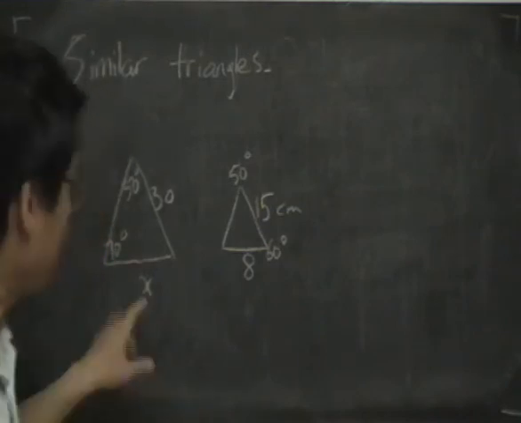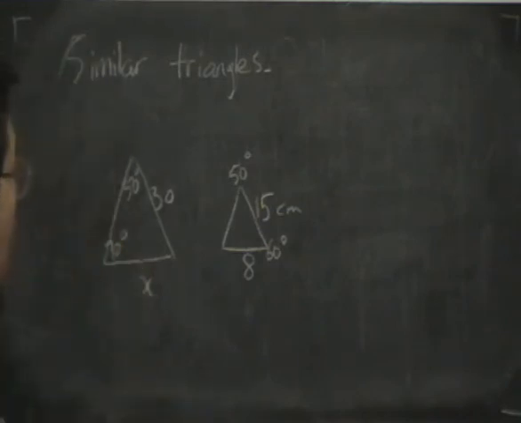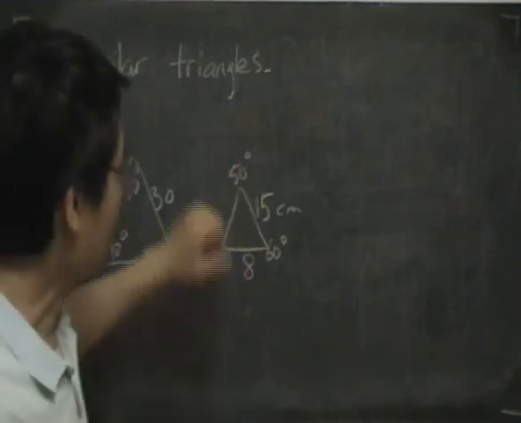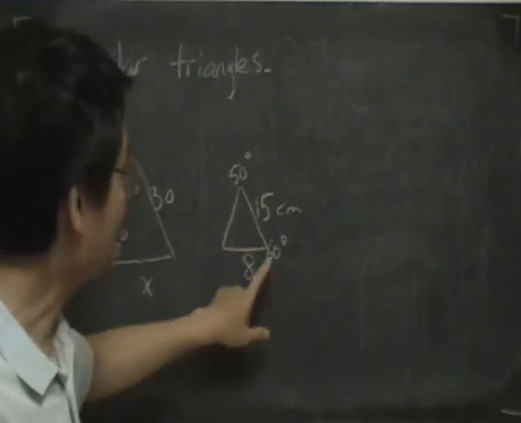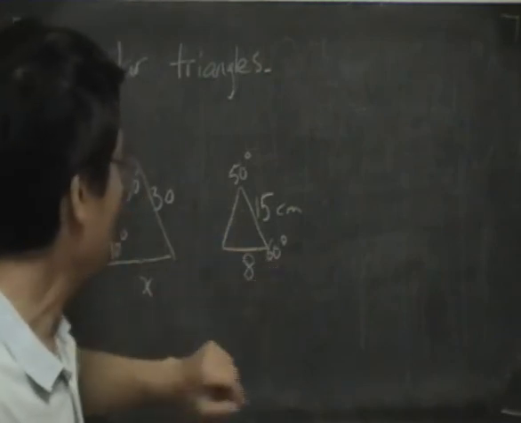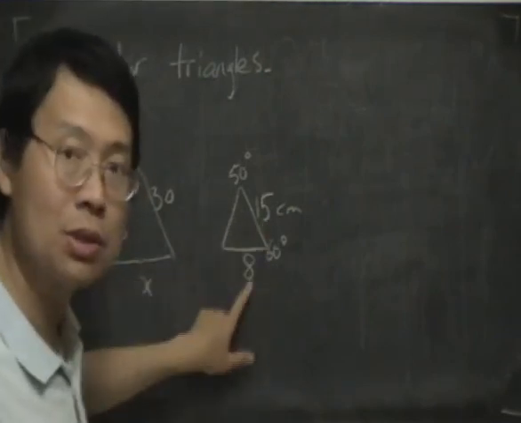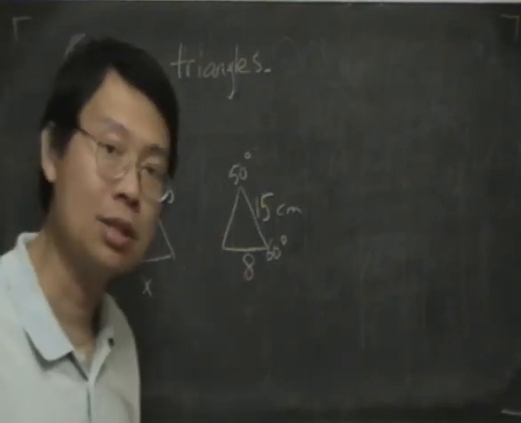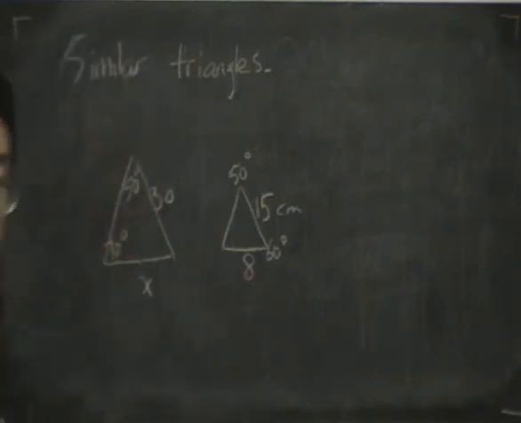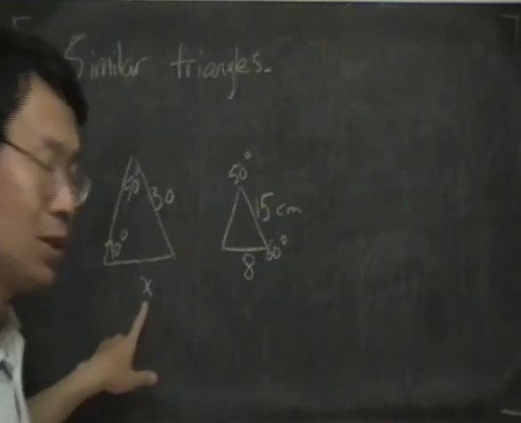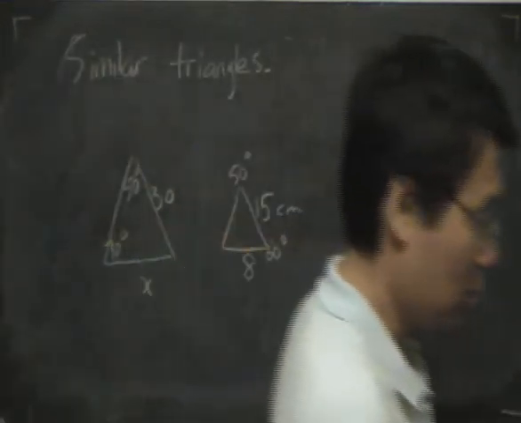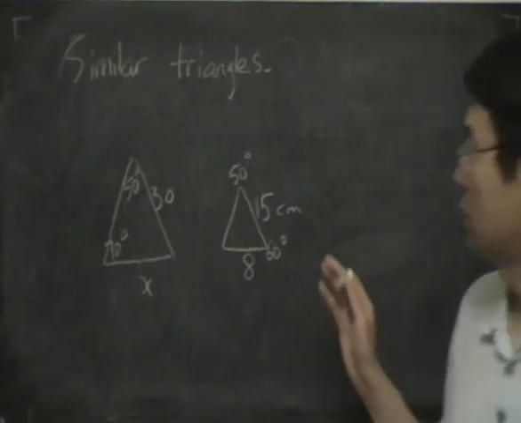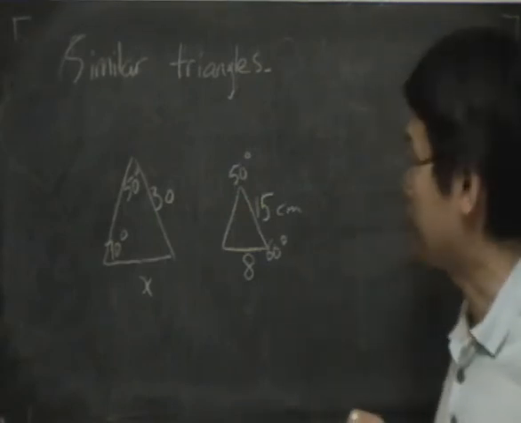So we don't know x, it's an unknown. Right. Now in that other triangle, we have one angle is 50 degrees, the other angle is 60 degrees. One side is 15 centimeters, this side is 8 centimeters. Question is, what is x?